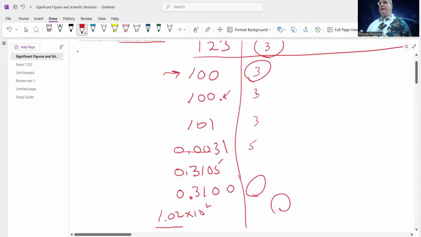Significant figures. And again, whenever you measure something, you have to take into account significant figures. What about the next one down, 0.3105?